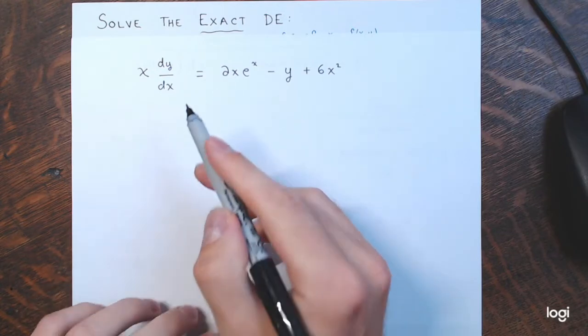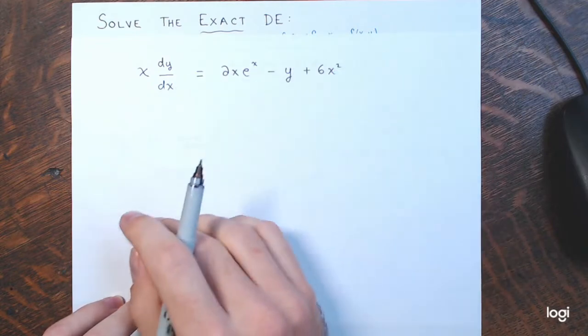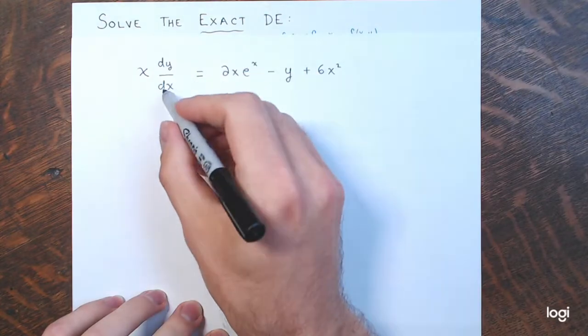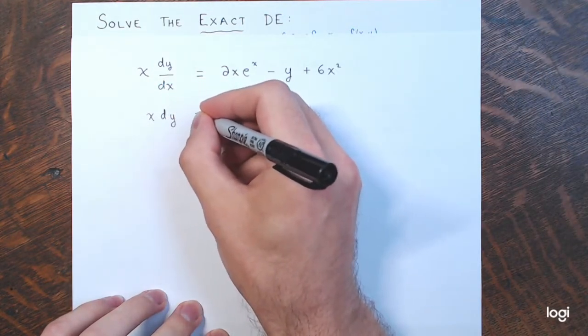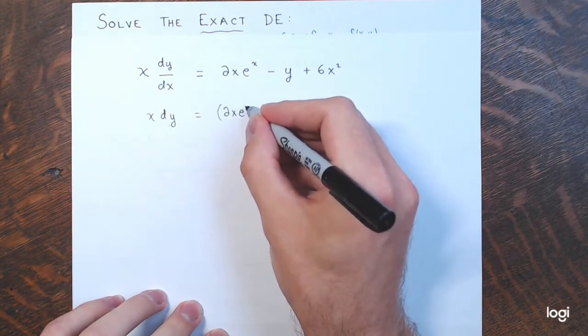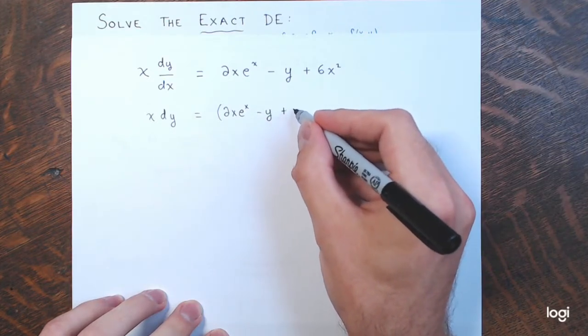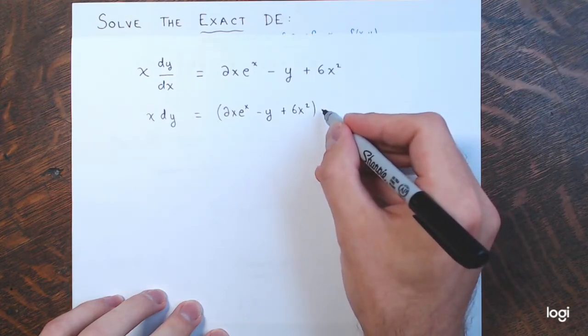So we have here, multiply by dx. Again, these manipulations I'm doing with the differentials you can only do with first order differentials. Multiply by dx, you have x dy equals the quantity 2x times e to the x minus y plus 6x squared, all that times dx, right?